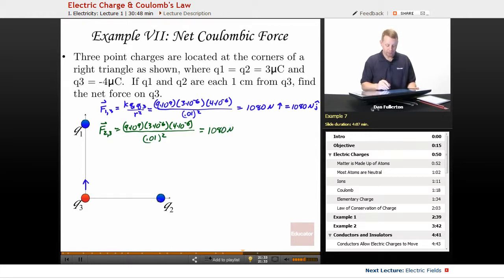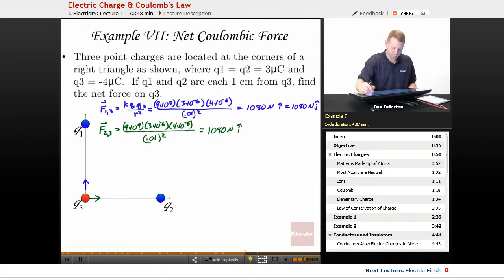But as we look at this one, we have a positive charge here and a negative charge here, so the force on 3 due to 2 is going to be to the right. So 1,080 newtons to the right, or 1,080 newtons in the i-hat direction, in the x direction, in unit vector notation.